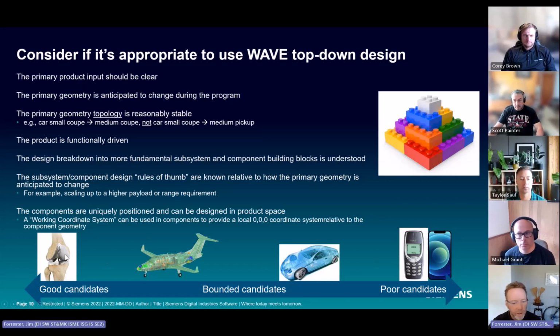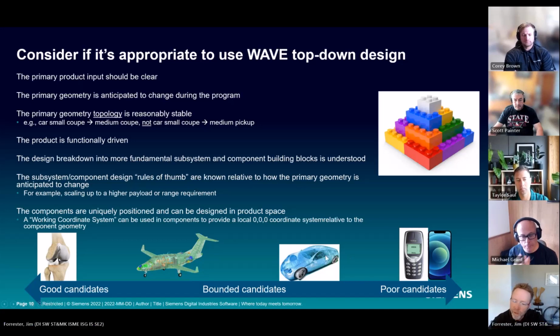So I have a spectrum down here, good candidates. Here's a replacement knee, 100% function driven. The geometry is known, and so on and so forth. So this is a very good candidate. An airplane, very much function driven, some styling. A car, function driven, but a lot of styling.